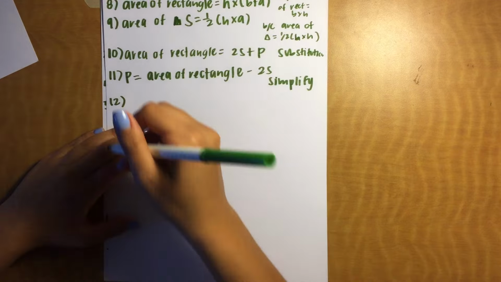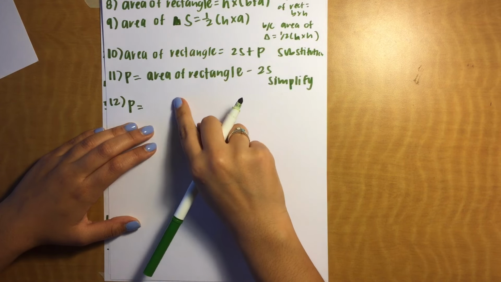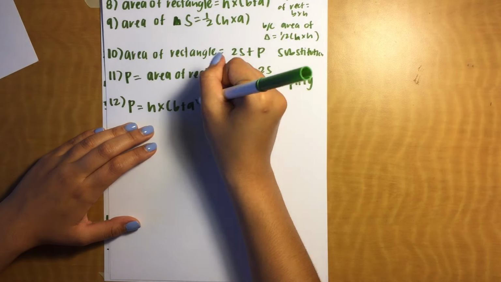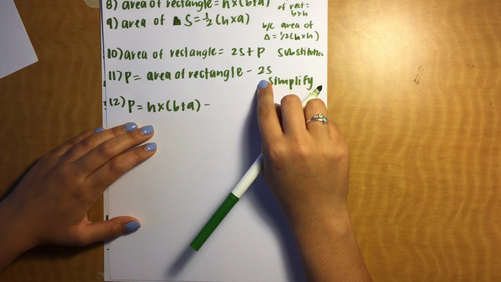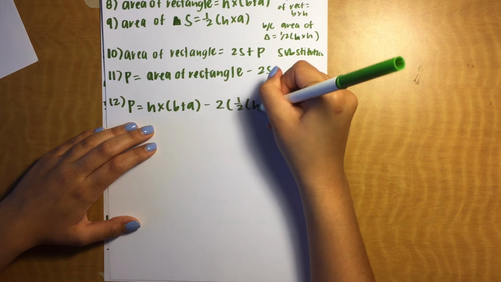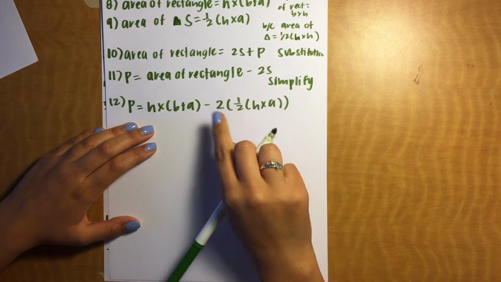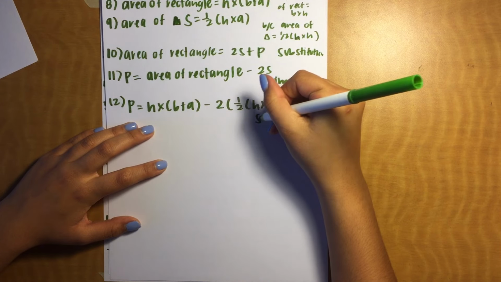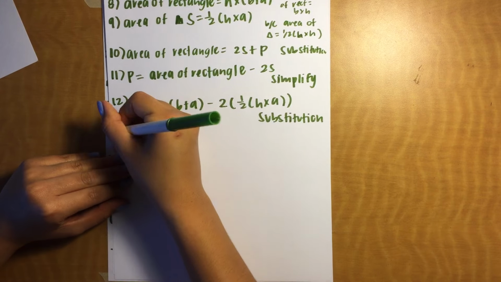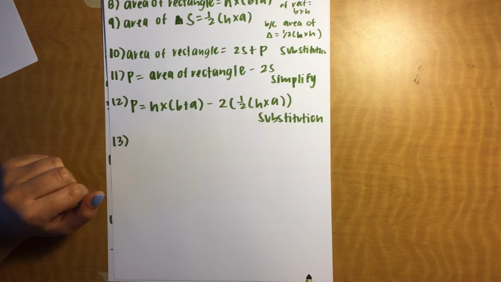And now let's substitute. So P equals, the area of the rectangle is H times B plus A, and S is equal to 1/2 H times A. But there's two of them, so we have to have two. That's just substitution. And now let's simplify.